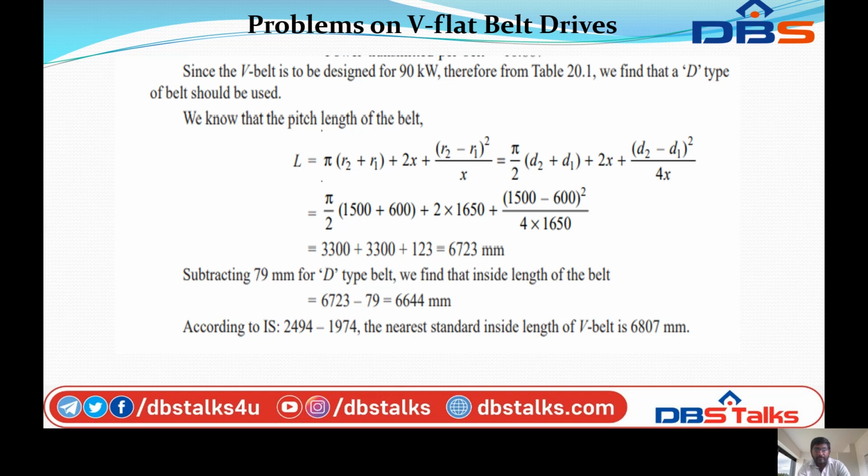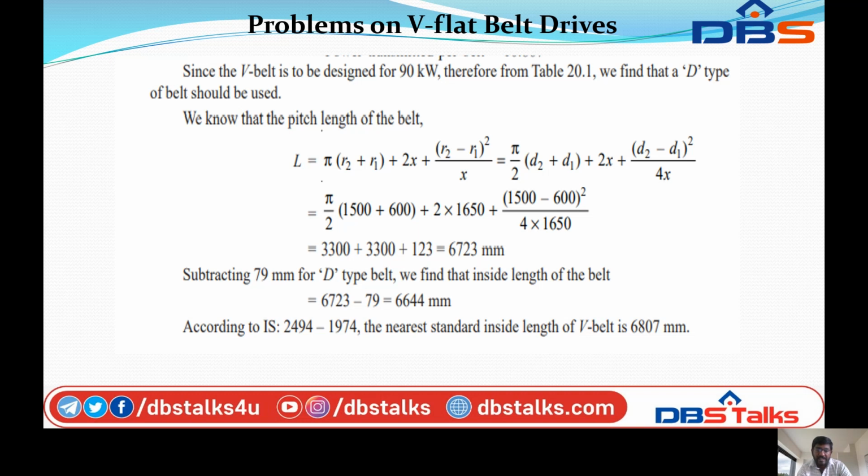Subtracting 79 mm for the D type belt, we find the inside length of the belt: 6723 minus 79, that is equal to 6644 mm. According to Indian Standard 2494 of 1974, the nearest standard inside length of the V belt is 6807 mm.